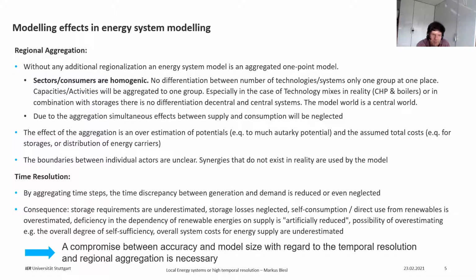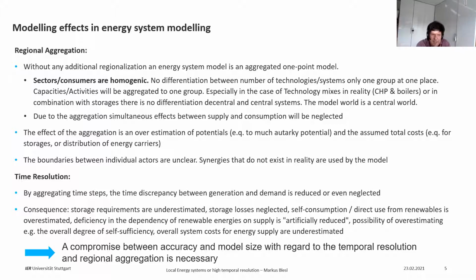Related to time resolution, I think a general point is that by aggregation of time steps, the time discrepancy between generation and demand is reduced or even neglected. I think it's clear if you look at the one year level, at the possibility to have electricity by photovoltaic, you more or less have only the aggregated balance of supply and demand.